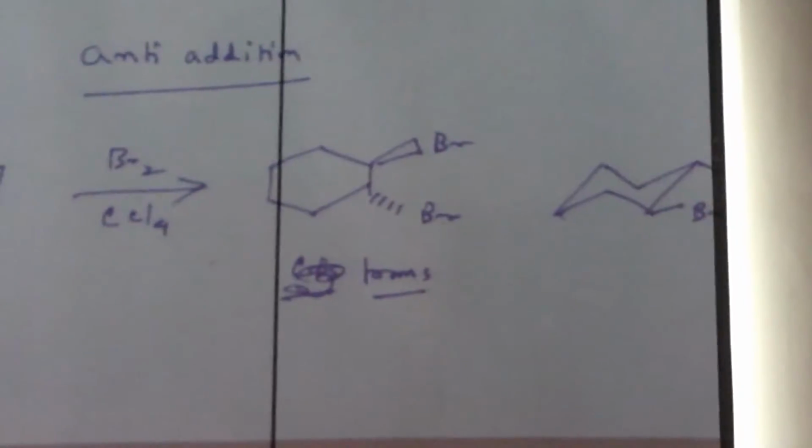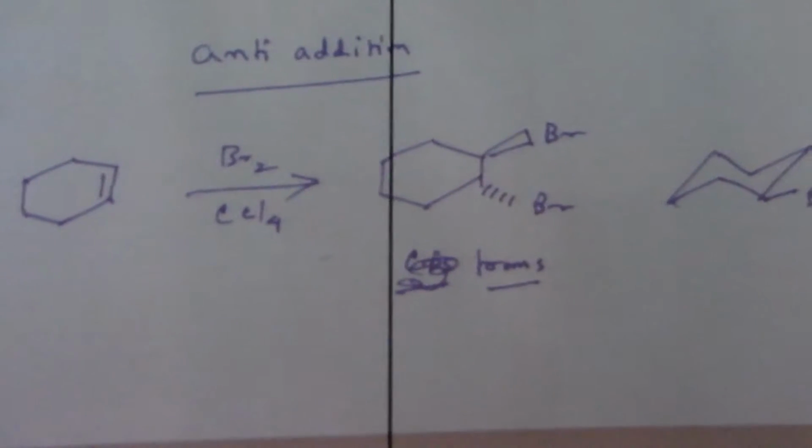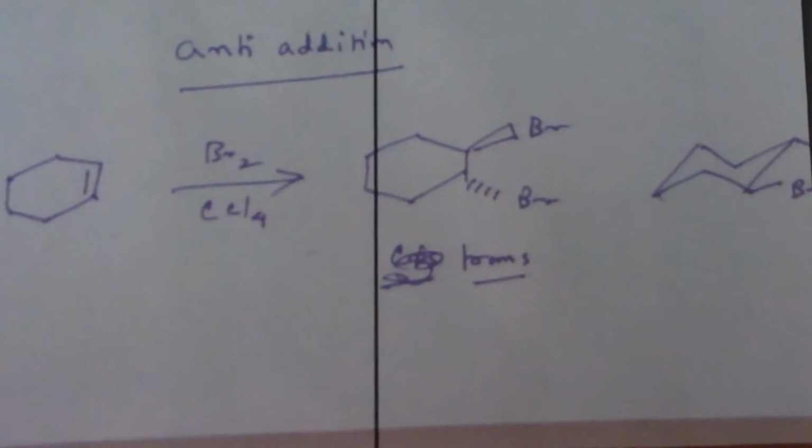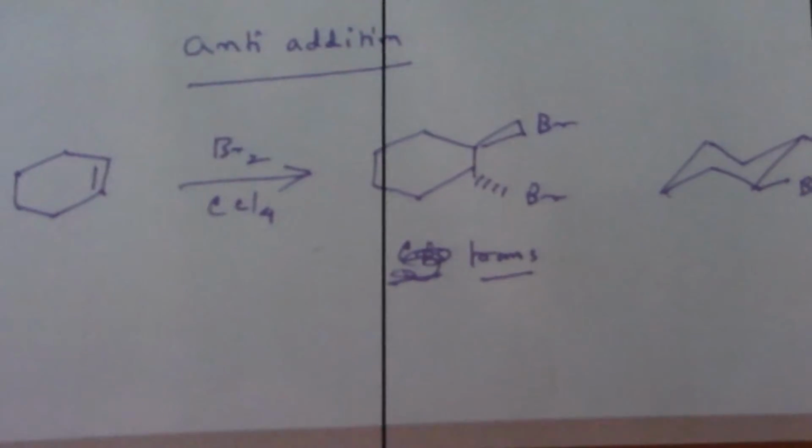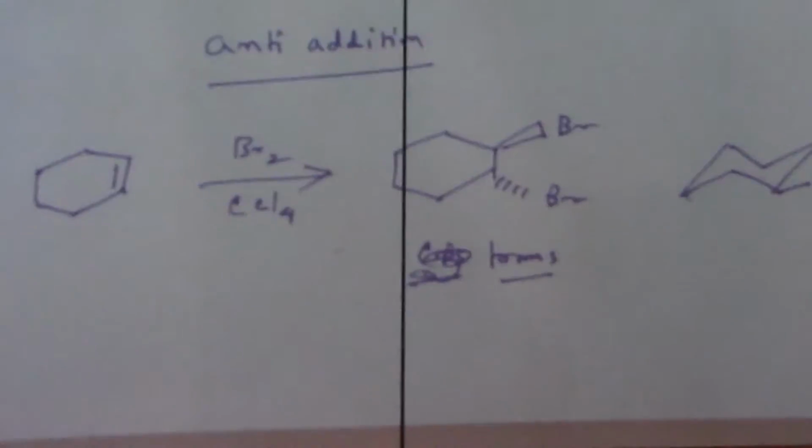Another thing about the bromonium ion is that the hypothesis indicates that this is the structure.